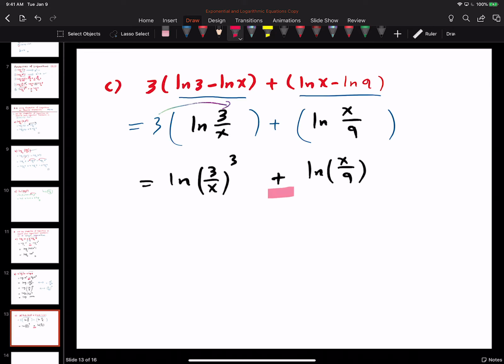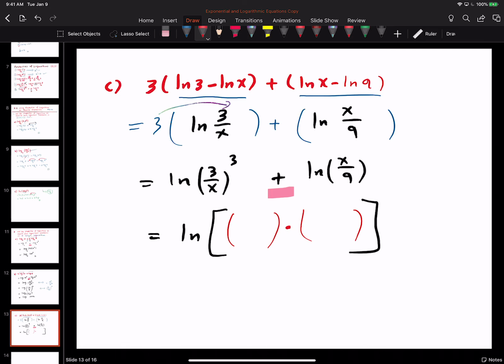Addition, we'll take it back to a product. So we have ln, and here let's make it a product. We'll do this right here as a product.